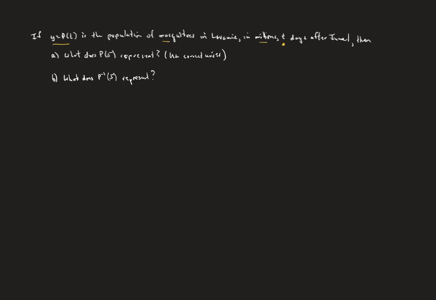So P of 5 represents the number of mosquitoes in millions 5 days after June 1st. I guess that would be June 6th.